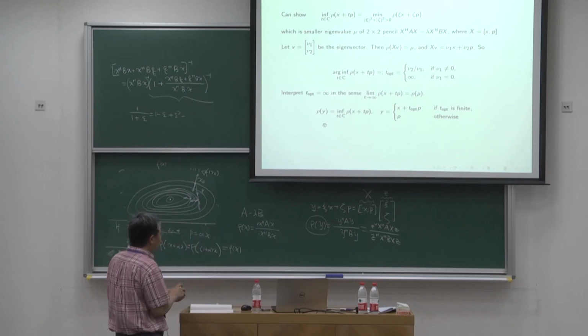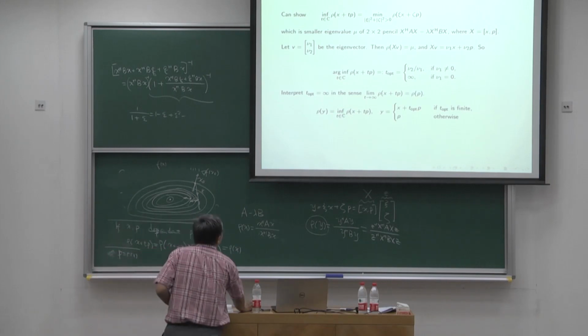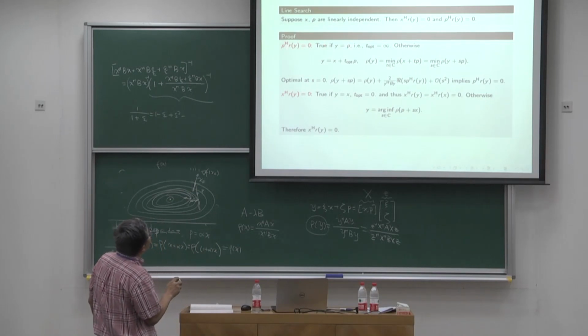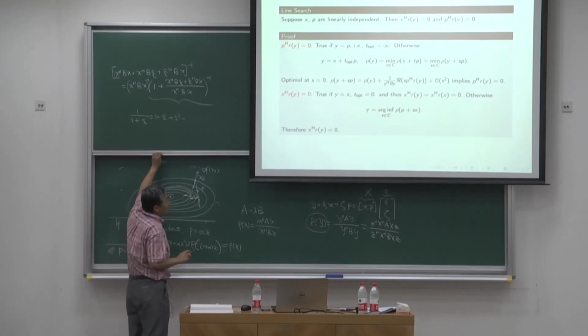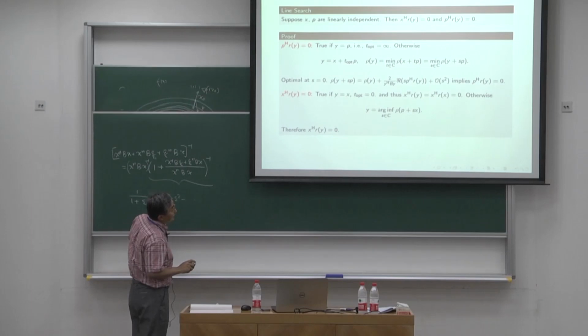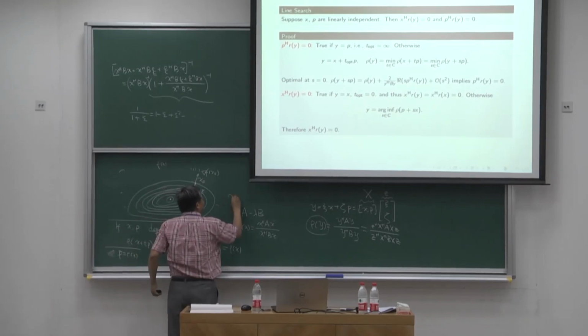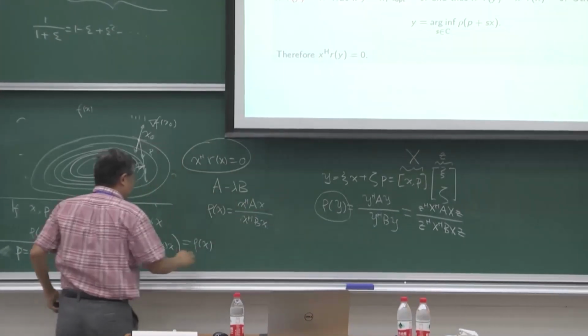So there are two choices as we looked at in the previous slides. The next point y is either p, or x plus t optimal p. So there are two possible cases. In the case where y is p, then you have p transpose rp equal to 0, as we talked about before. One of the properties is x transpose rx equals 0.